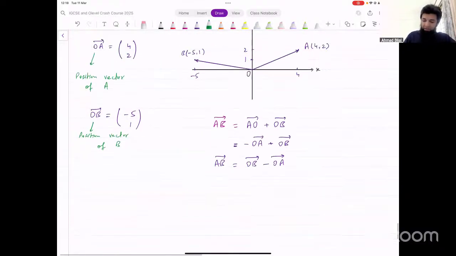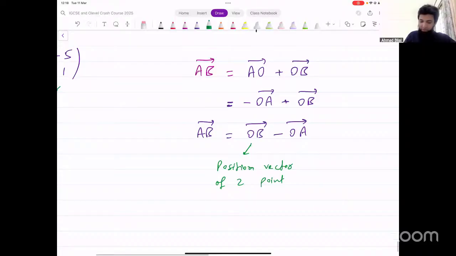What exactly are we doing here? We are saying AB vector is going to be equal to the position vector of the second point. So AB vector, in this case the position vector of the second point is OB, right?